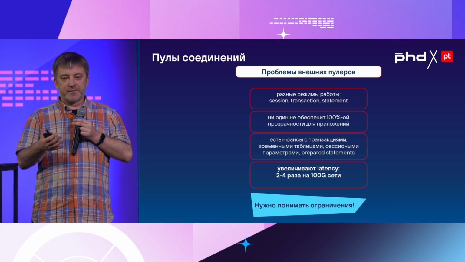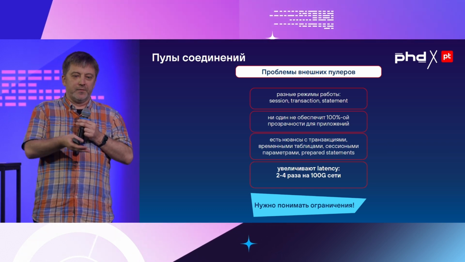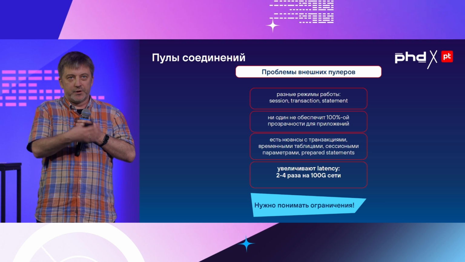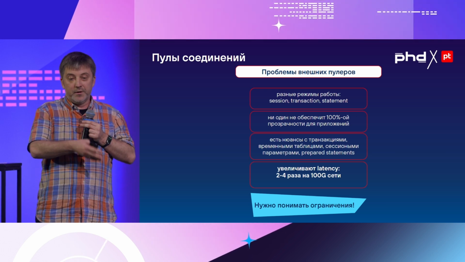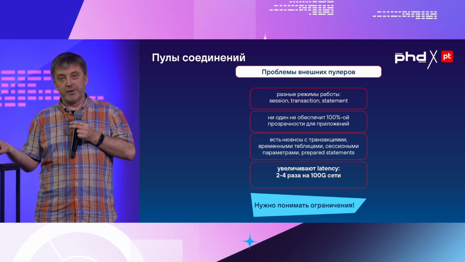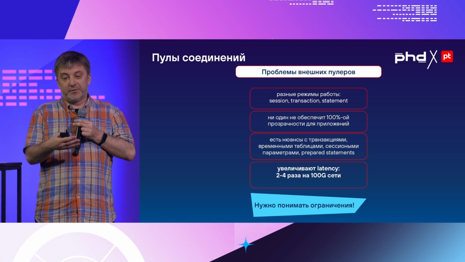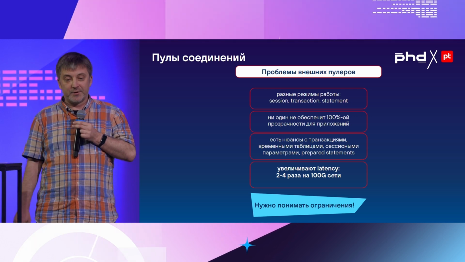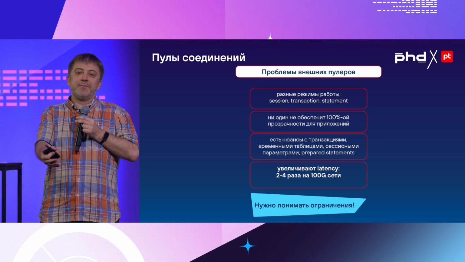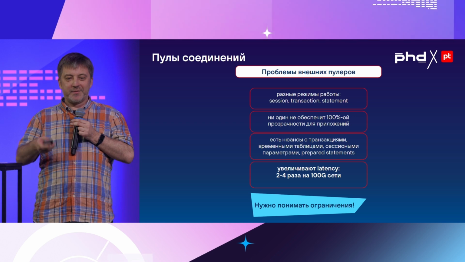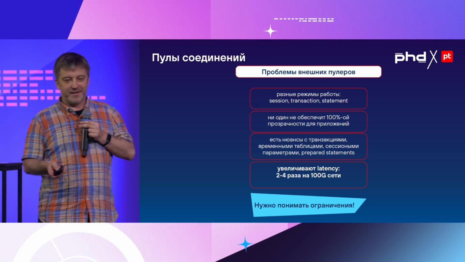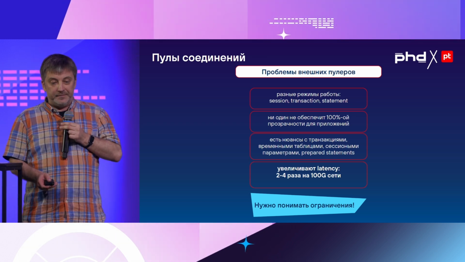PgBouncer twice, another one 4 times. The best example: there's a proxy in the MySQL world, but recently they added Postgres support, and in our test it is showing the best results, the least overhead being added to the system.